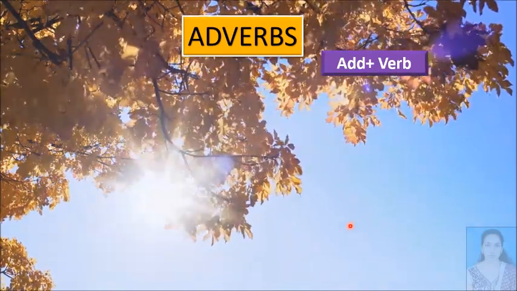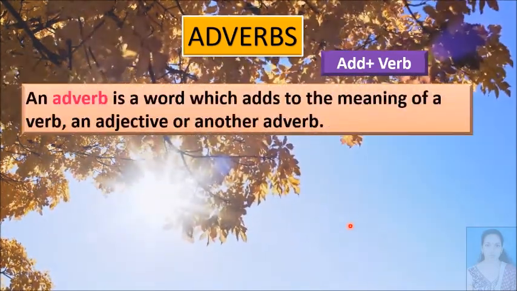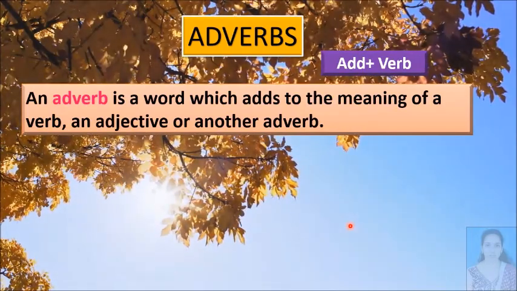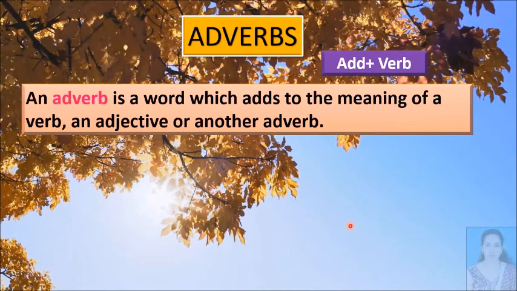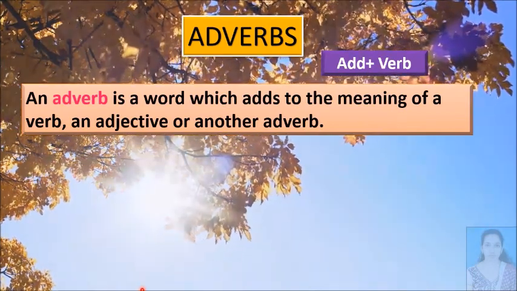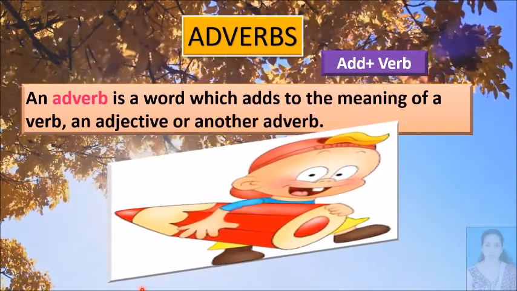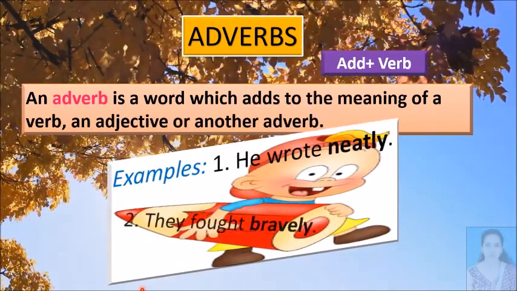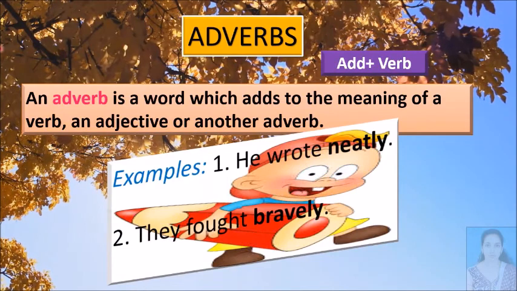So we can define an adverb as: an adverb is a word which adds to the meaning of a verb, an adjective or another adverb. Let's see some examples. He wrote neatly. They fought bravely.